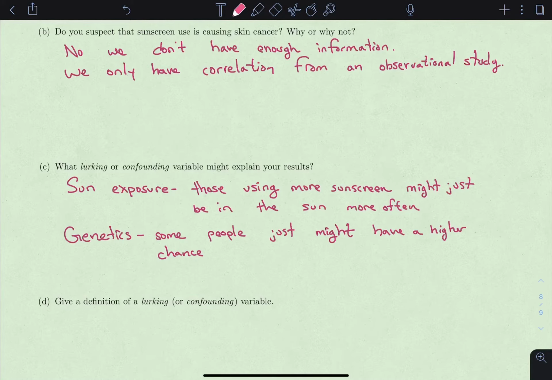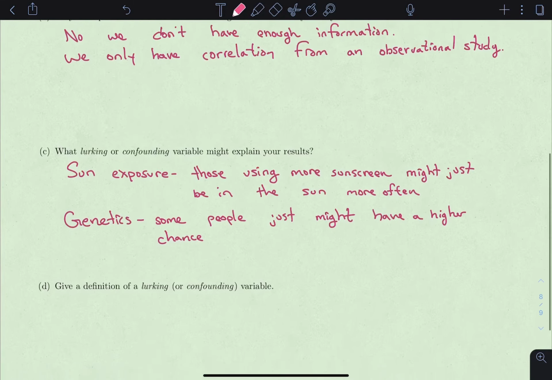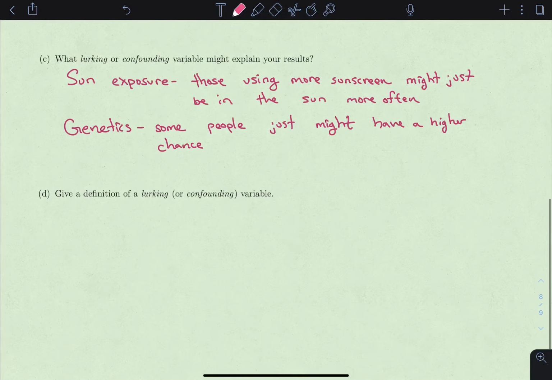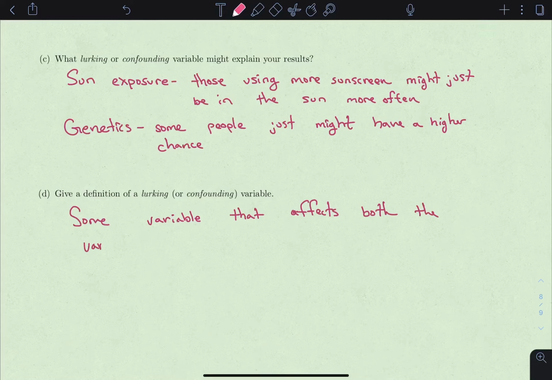So what are these lurking or confounding variables? In general, they're some variable that affects both the variables you're studying, that you're tracking.